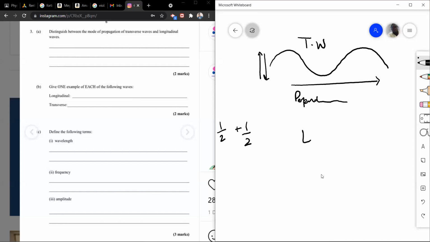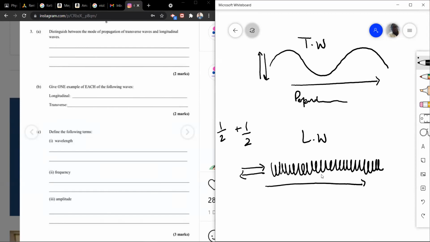And with the longitudinal wave, talk to me. A longitudinal wave is one that has vibrations parallel to its direction of propagation. All right, cool. So when the vibrations are parallel to the direction of propagation, that is our longitudinal wave.